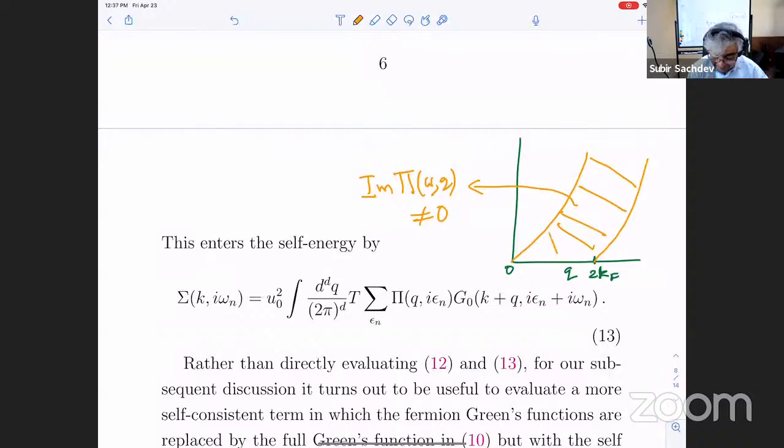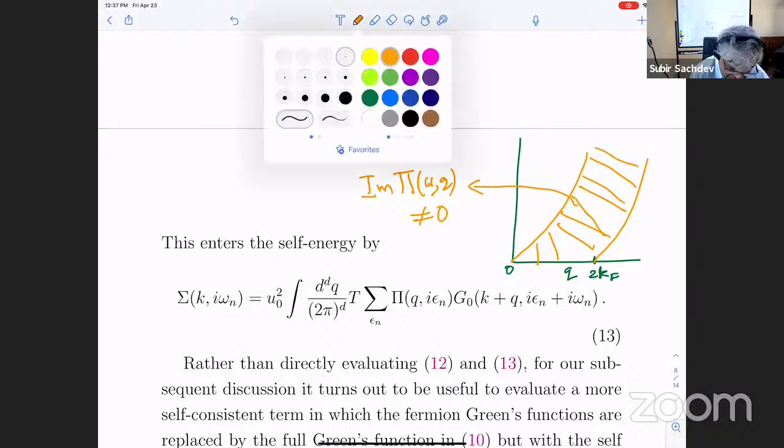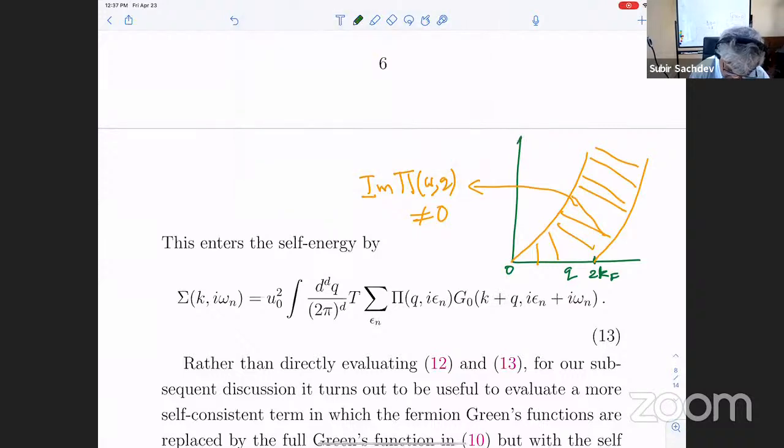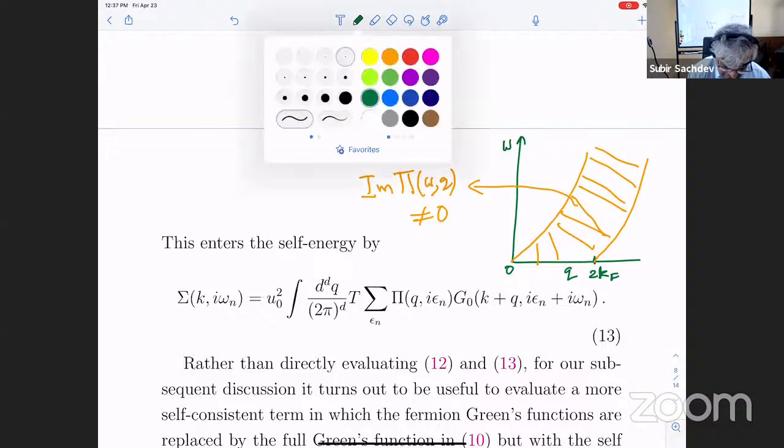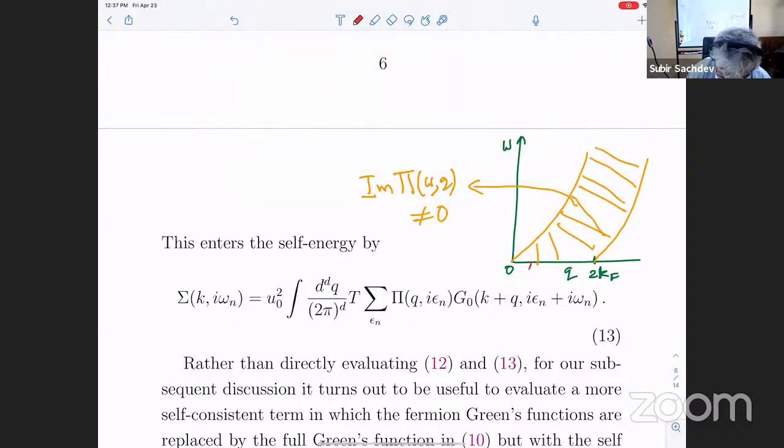These were where we had particle-hole excitations with energy omega and momentum Q. This direction is omega. Here I've said I'm only interested in very low momenta, so my attention now is going to focus on just down here.